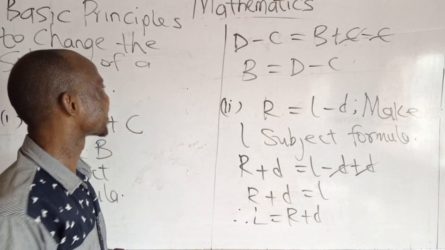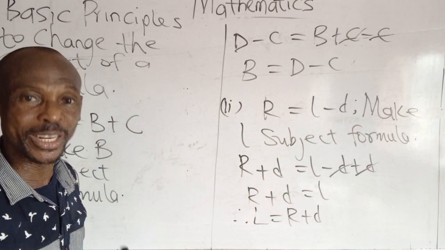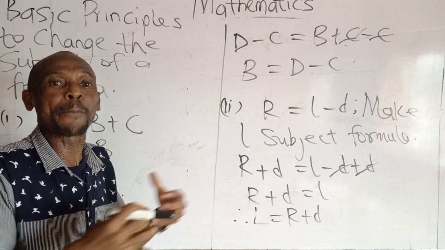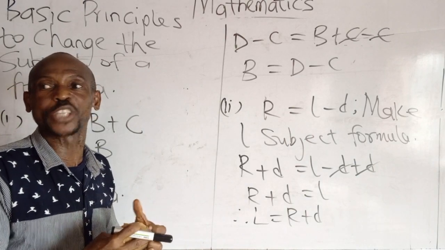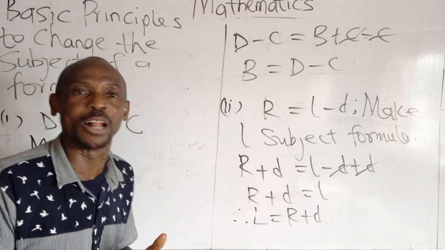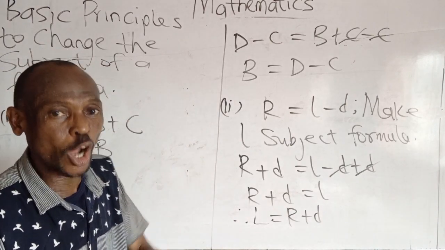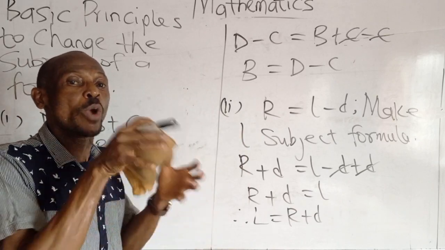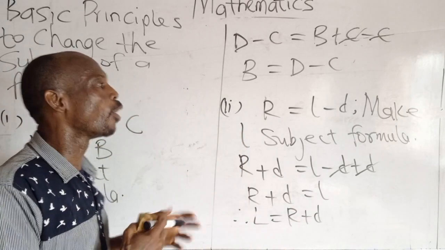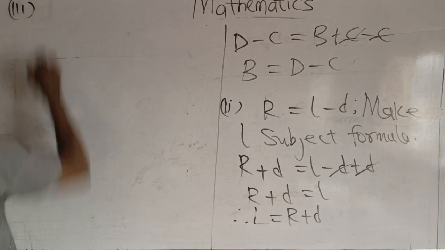So we have made L the subject of the formula. We are going to look at the third principle. For the third principle, we are considering values that are multiplying themselves. When two or more letters are multiplying themselves, what do we do? To move them to the other side of the equation, we use that letter to divide both sides. Now let's take principle number 3.